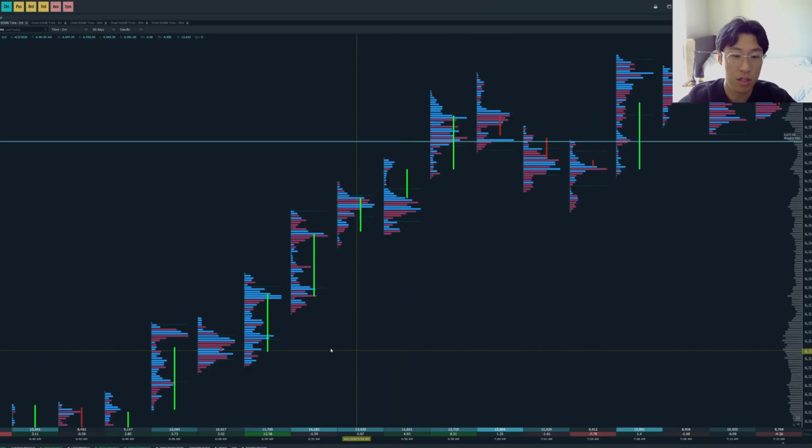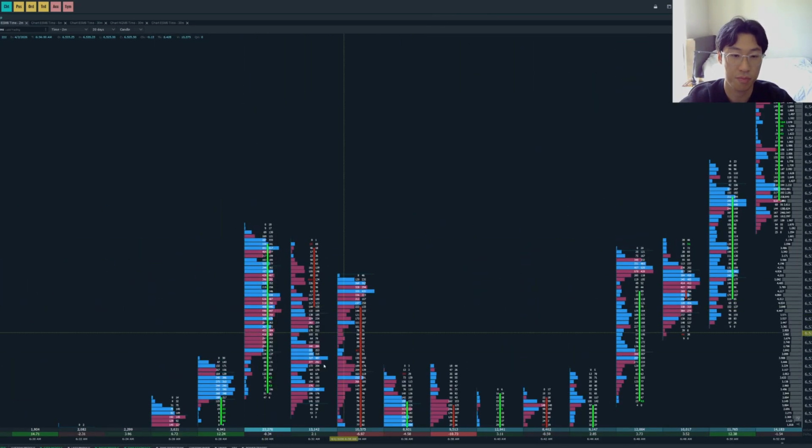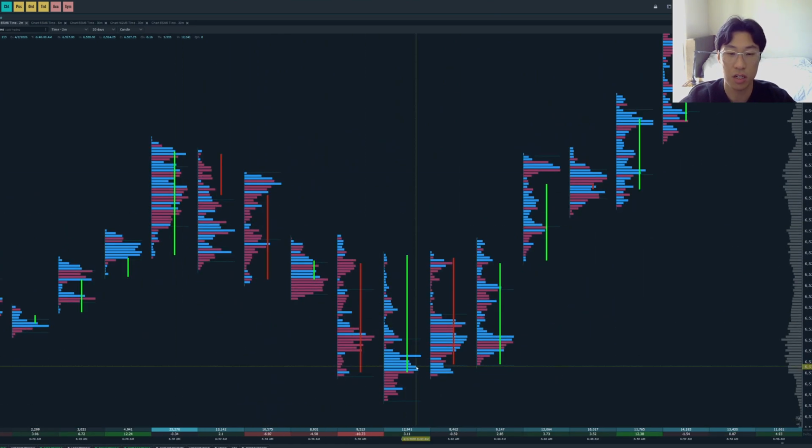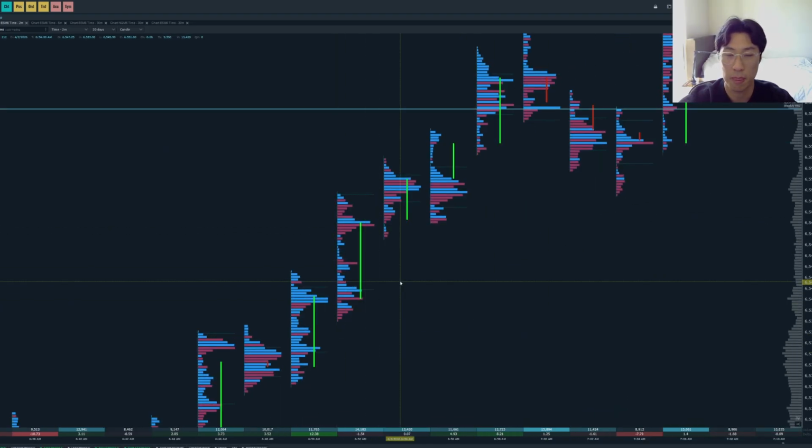So the market opened right over here. We initially saw a dip, we held, and we were bought up with interesting signs of buying. Pretty much there was just signs of divergence here. Even when we're buying, we have sellers, right? Negative 1.54 delta.